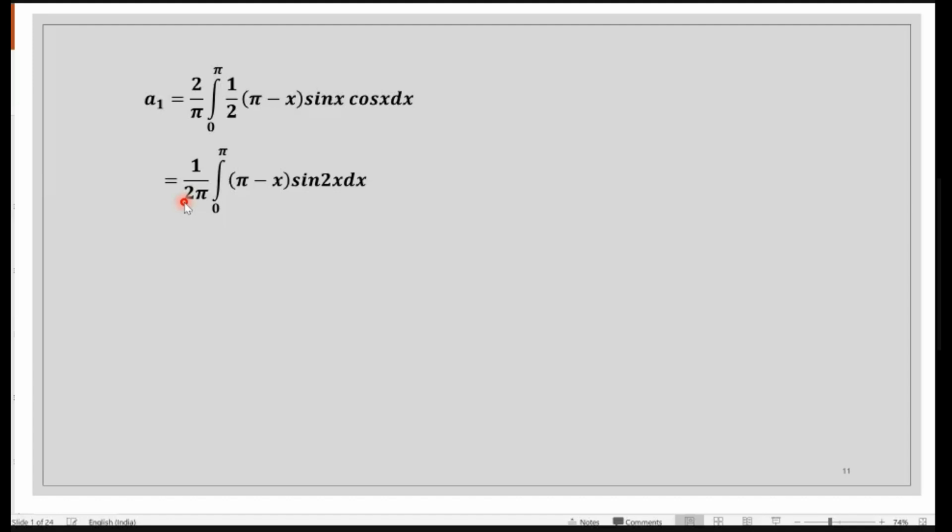Don't write as two terms and then u into v. Consider pi minus x as one term and then apply u into v, because the derivative of pi becomes 0 in the next step anyway. The first bracket will be pi minus x, the second bracket will be the integration of sin 2x. So what is the value of a1?